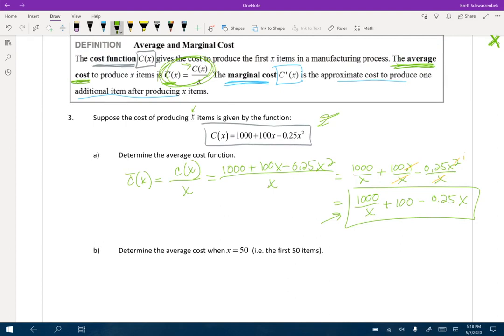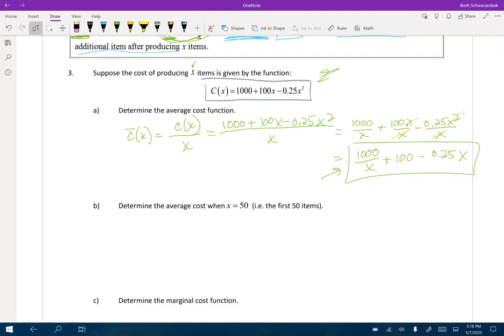So here we go. B, it says determine the average cost when x equals 50, or in other words, the average cost for the first 50 items. So what do you need to do? You need to do C bar of 50. So all we have to do is plug in 50.